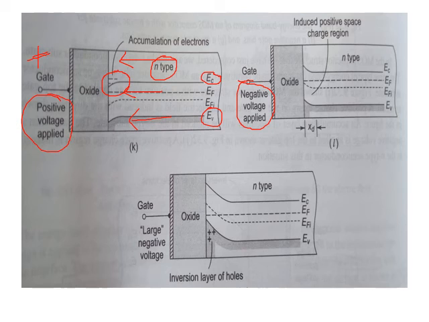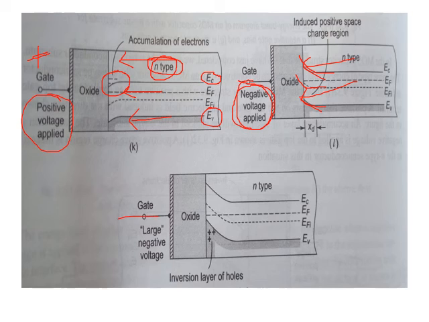Is this band bending the same or opposite compared to the p-type material? Yes, it is opposite. Why? Because the material has been changed. Instead of p-type, I am using n-type. This negative potential is there, right? Holes will be attracted towards the surface, so the hole concentration is shown upwards, meaning holes are increased.